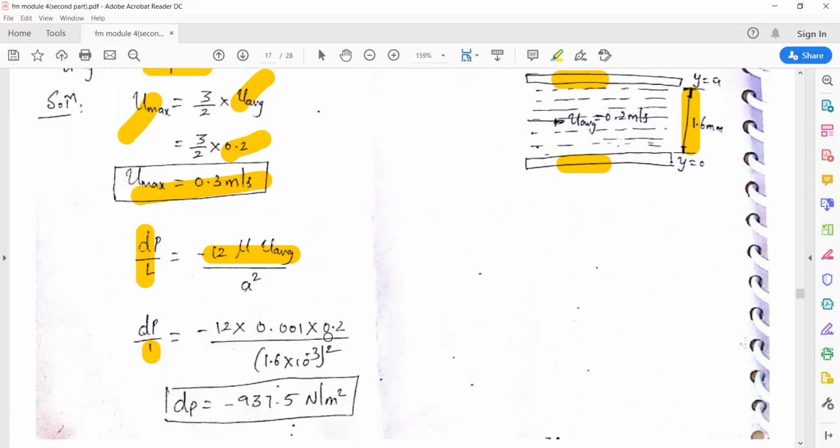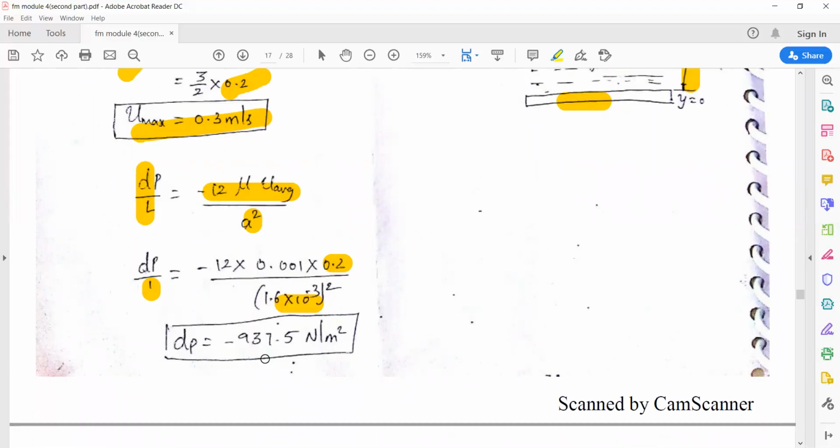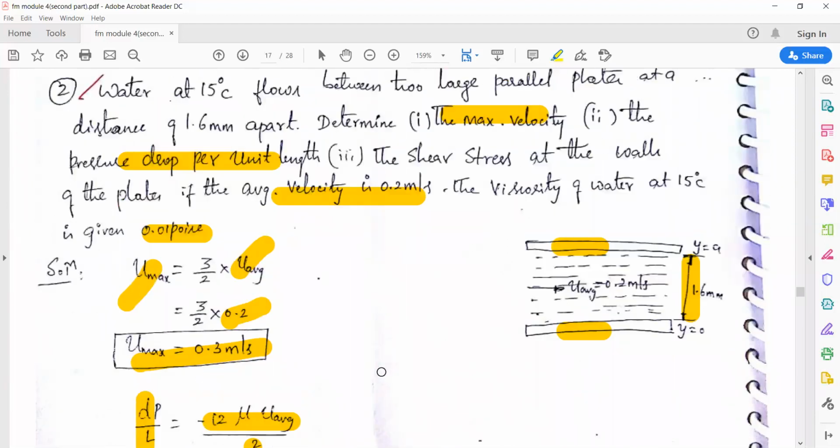And also average velocity is 0.2 meter per second they are given. And a, the distance between the plates, is 1.6 mm, 1.6 into 10 raised to minus 3 they have given. If you substitute, you'll get the value of the change in pressure, or the pressure drop per unit length.